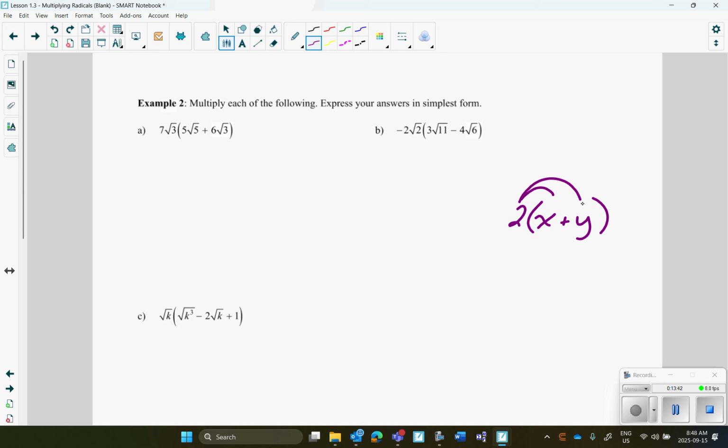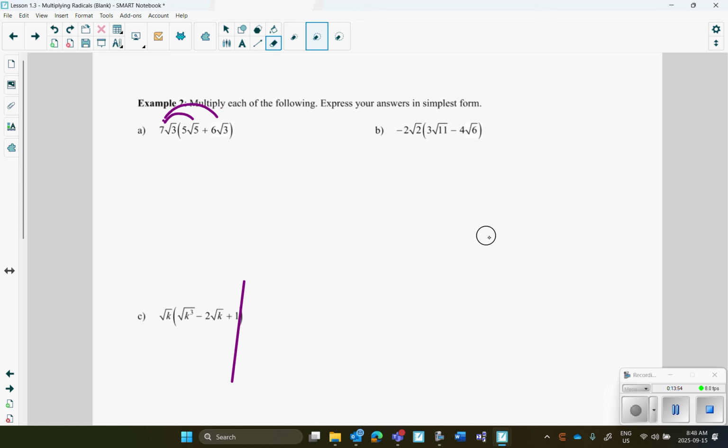Same thing here, I just have to do 2 multiplications. You're going to multiply this whole thing by this, and then this whole thing by this. So what's 7 root 3 times 5 root 5?